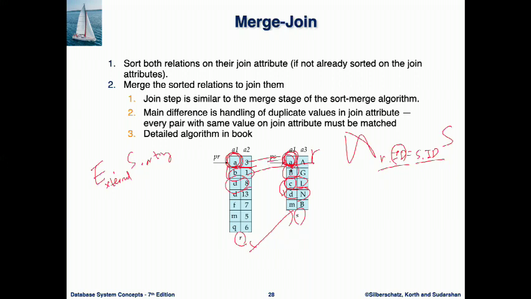So you have one pointer for relation R and another pointer for relation S, and you compare the join keys of those records, and you advance the pointer that points to a smaller join key value. So when you are pointing to one record having D and another record having C, C is before D, or C is smaller than D. In this case, you advance this pointer. Okay, and that is the idea.